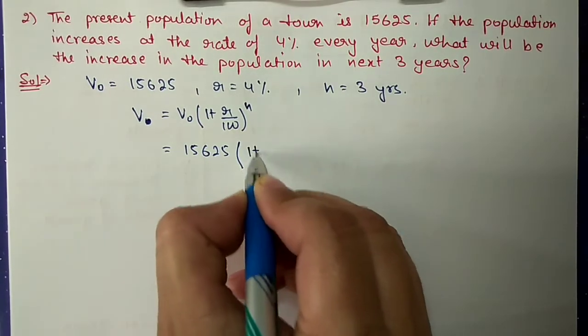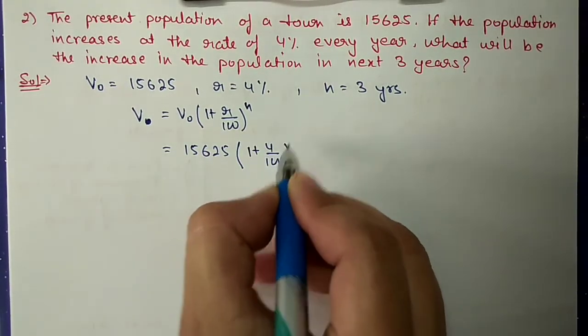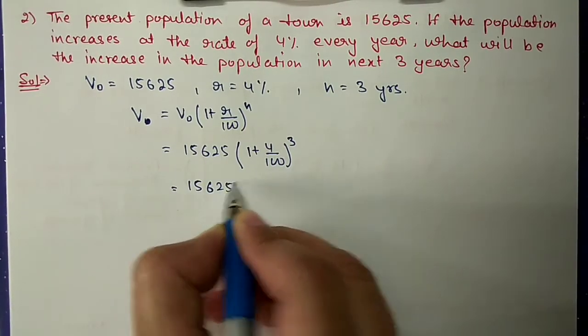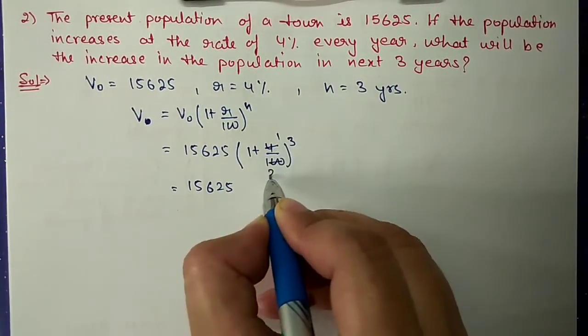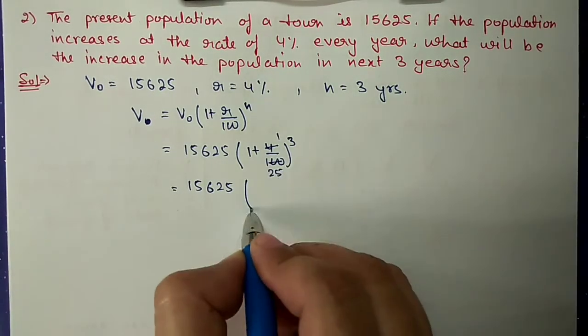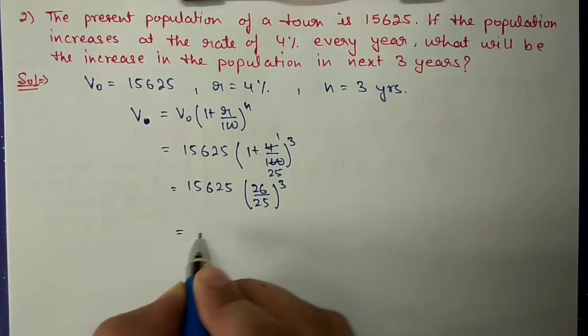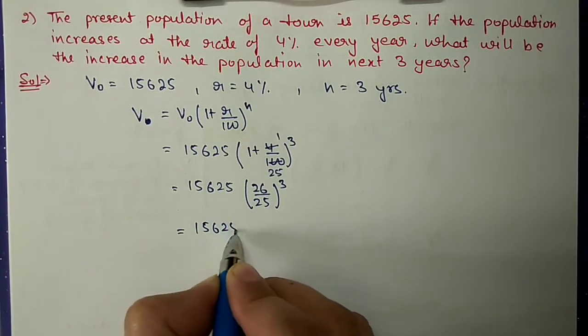So, 15,625 times 1 plus 4 by 100 to the power 3. With 4 we can cancel, 25 we will get, and after taking the LCM, 26 by 25 to the power 3. We can expand it or we can multiply.